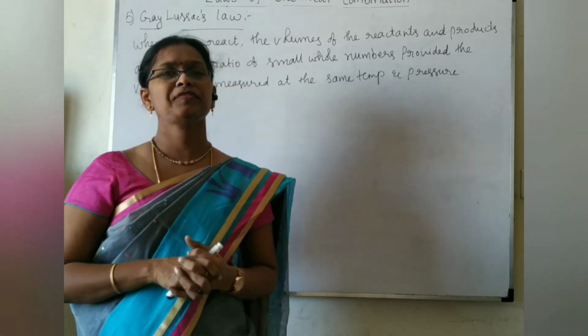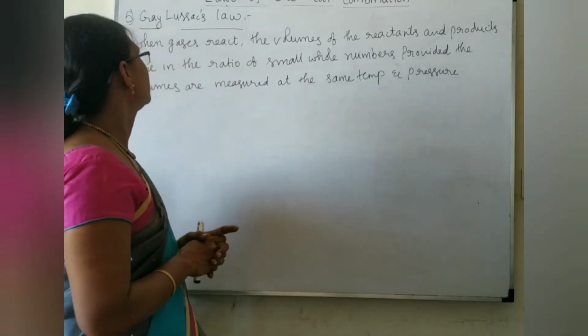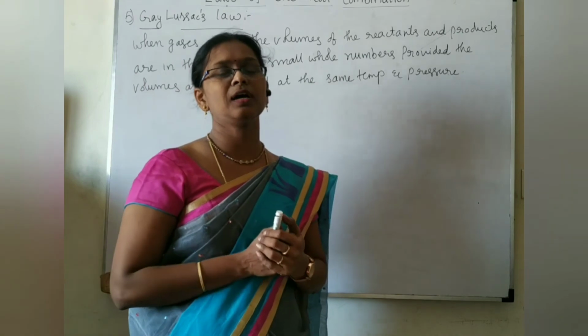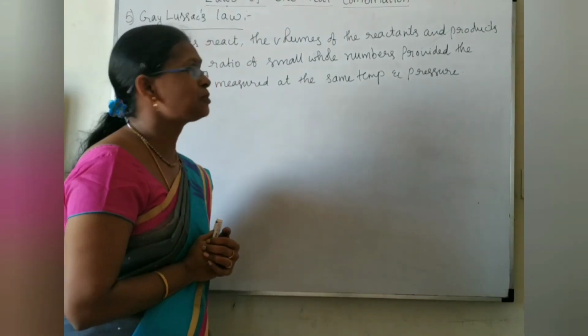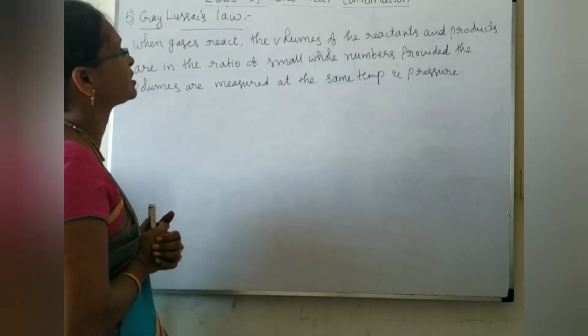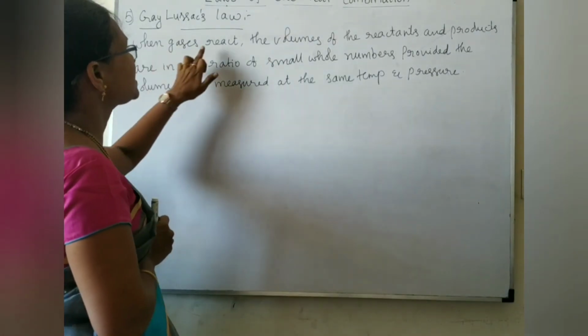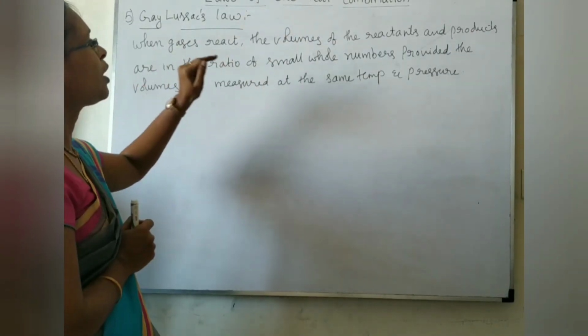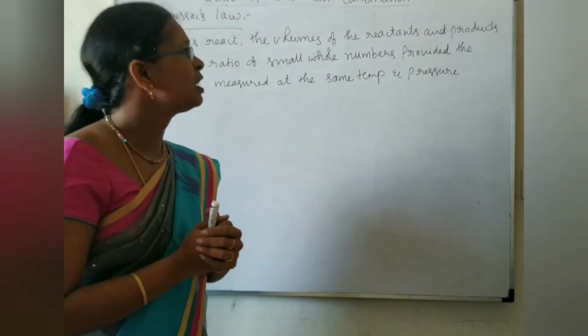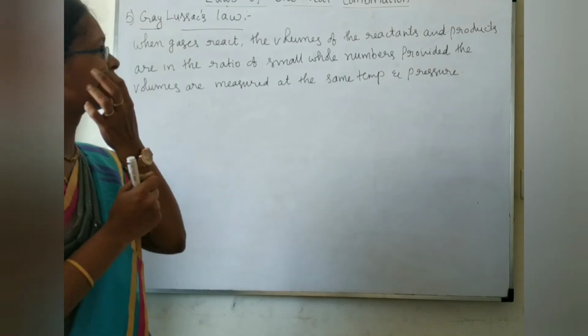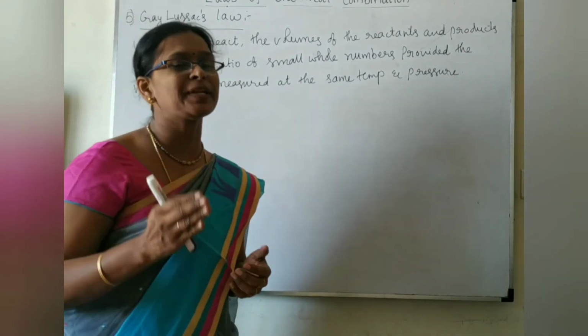Now, the fifth one, Gay-Lussac's law, or we can say the law of combining volumes. This is especially for gaseous molecules. When gases react, the volumes of the reactants and the products are in simple ratios when measured at the same temperature and pressure.